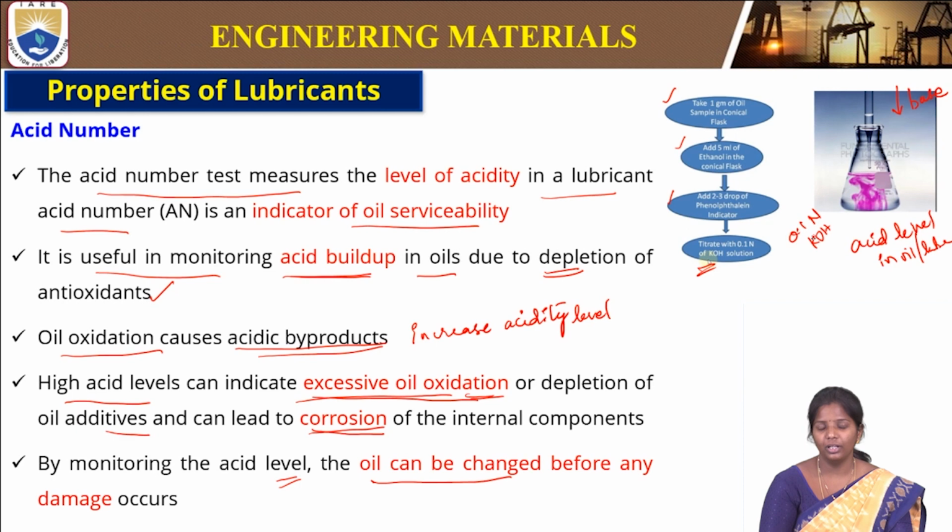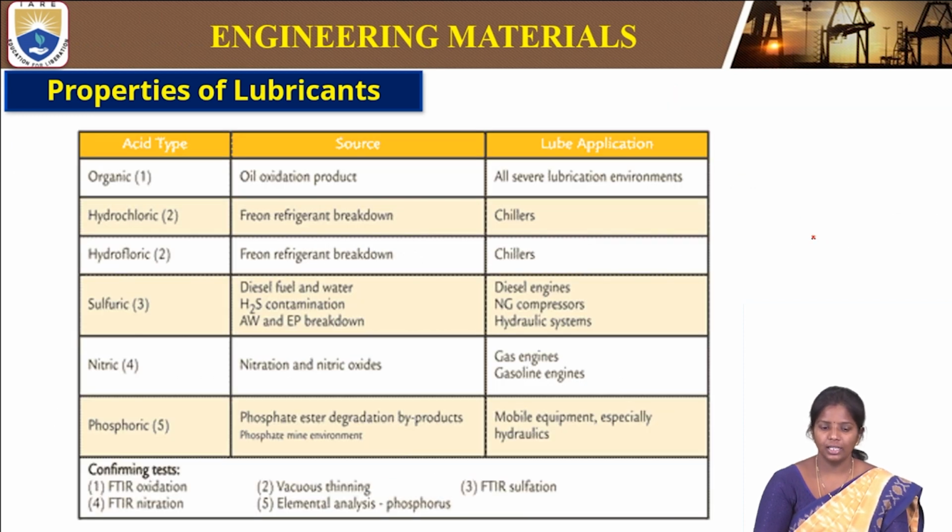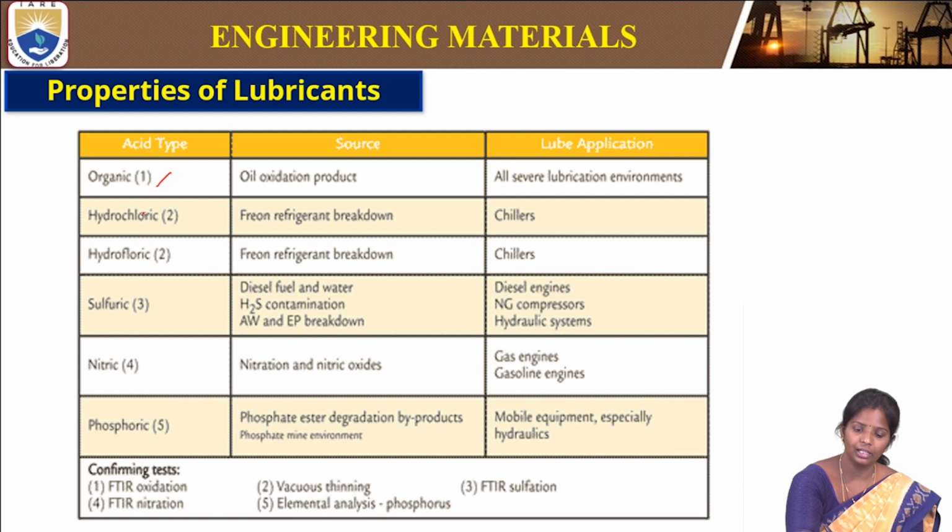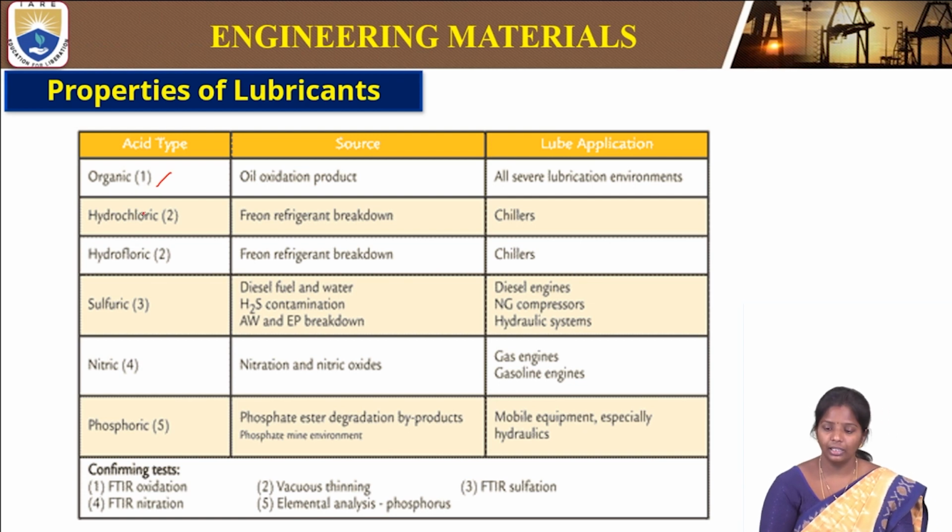Therefore, we can avoid that oil and replace it with a new one so that no damage or corrosion takes place. So let us see what level of this acid property it has. For example, if it has organic acids, then it can be used for all lubrication environments because there is not much damage going to take place.